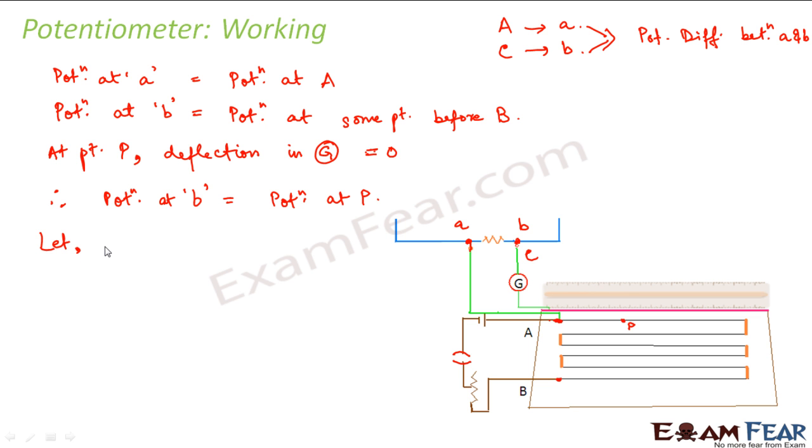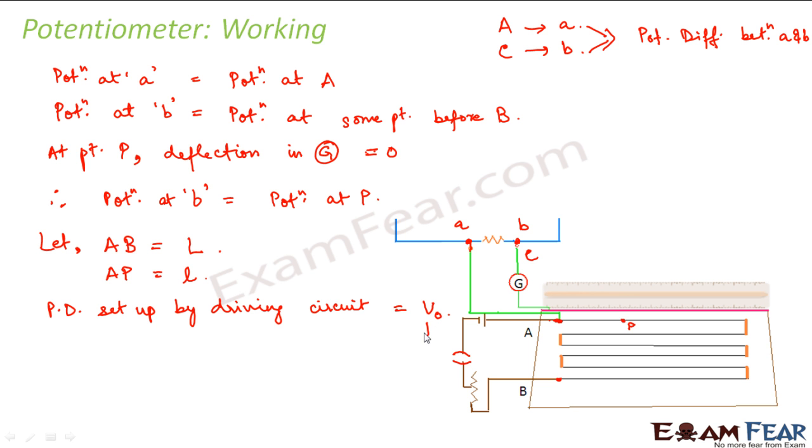Now let the length AB, that is the total length of this wire, be equal to capital L, and let the length AP be equal to small l. So this length is small l and this entire length is capital L. Let us also assume that the potential difference set up by the driving circuit is V0.